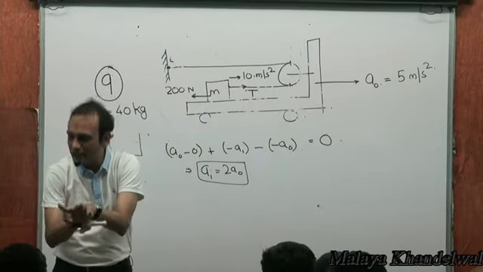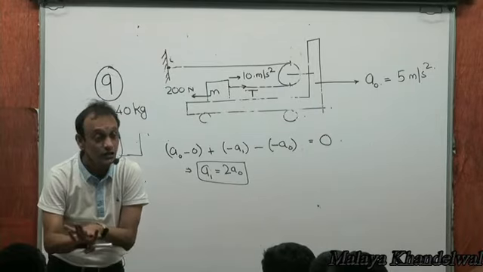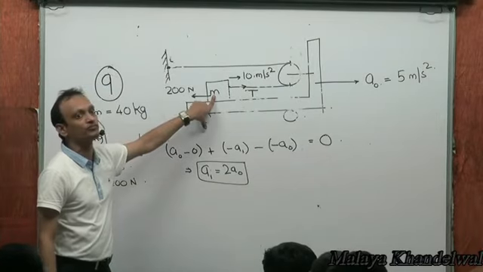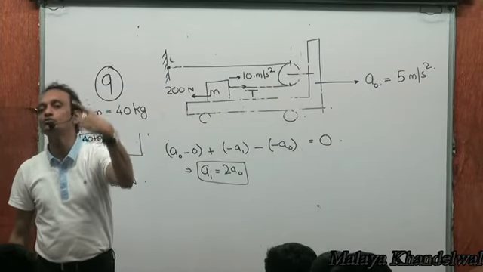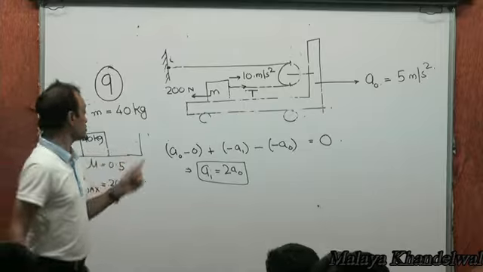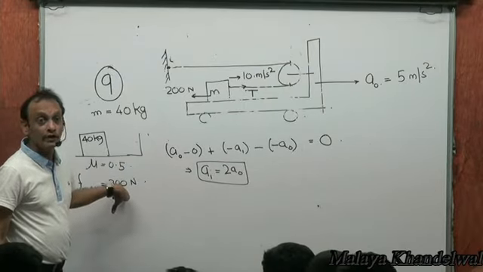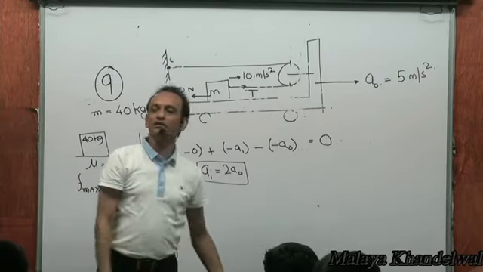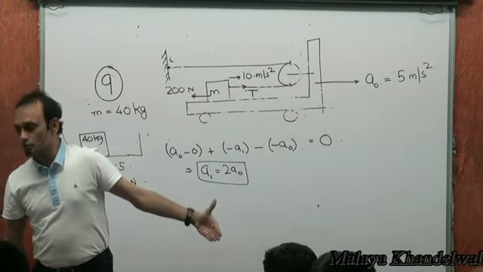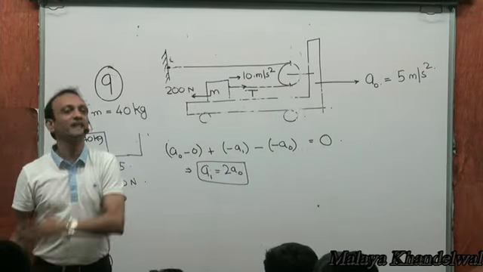But now that I know that there is relative motion between the two entities, I am confident that the frictional force has a value which is kinetic friction, approximately equal to maximum static, which is 200 newtons. And this time it's acting to the left. Why? Because small m over a period of time will move faster than the truck, because it has greater acceleration compared to the truck. Right?